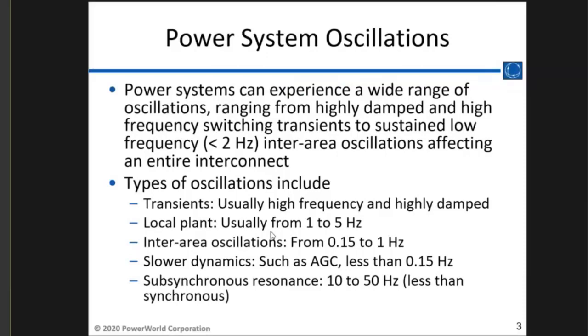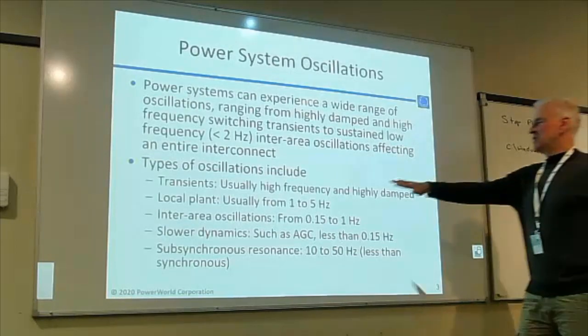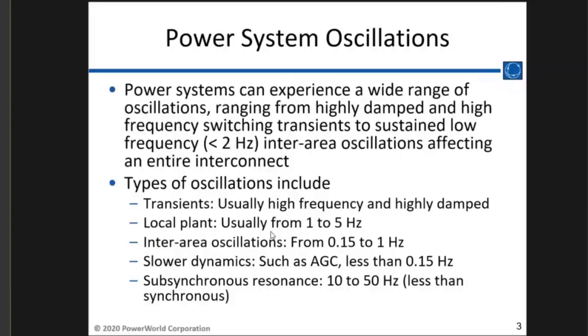You can get very high frequency, quickly damped oscillations, the so-called startup transients. In a power system, you can get frequencies in the range of 1 to 5 hertz, which tend to be associated with local plant oscillations. Inter-area oscillations tend to be a little slower, 0.15 to 1 hertz.